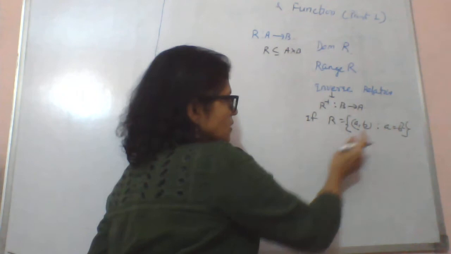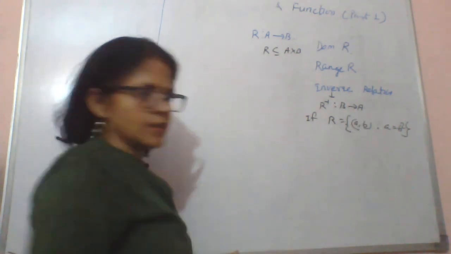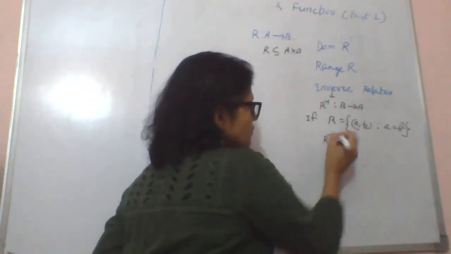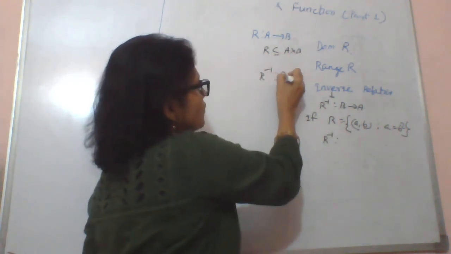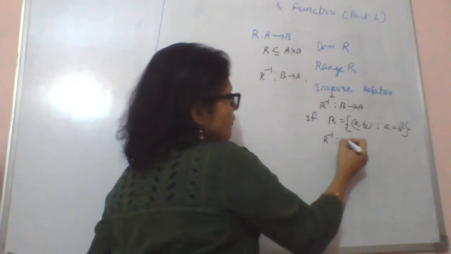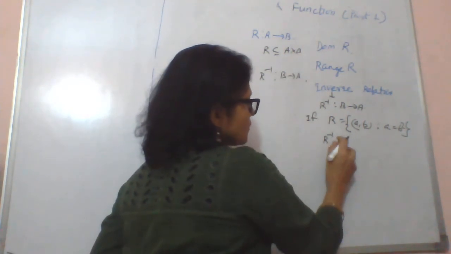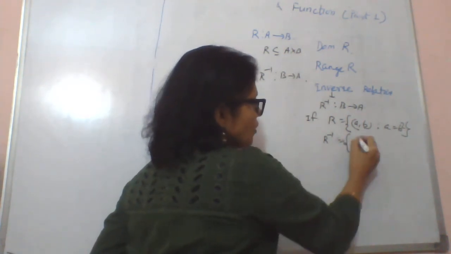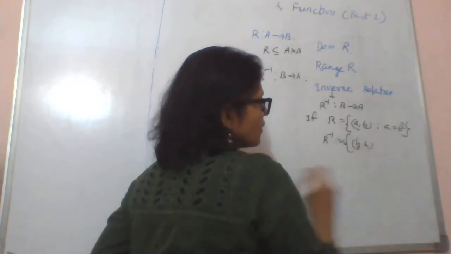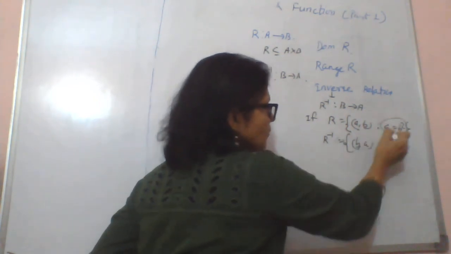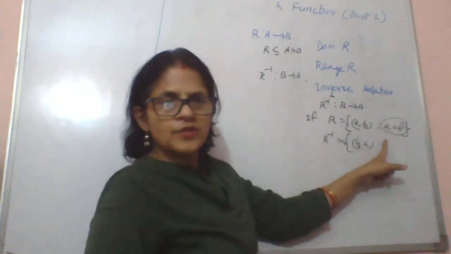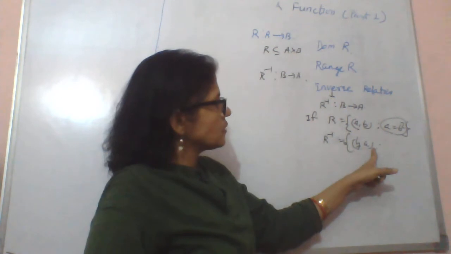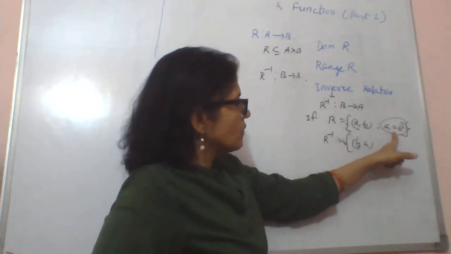In this case, if it is a non-empty relation, R inverse will be from B to A, and R inverse we will write as ordered pair (b, a). The relation remains the same. Here it is (a, b), so this will be interchanged, right? Here it is (b, a).